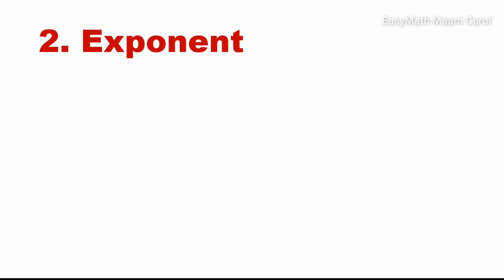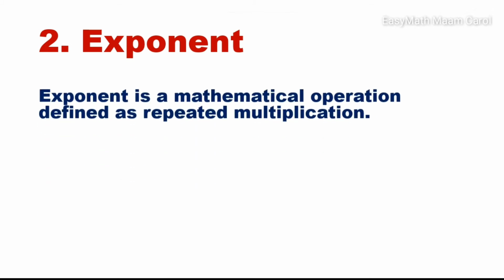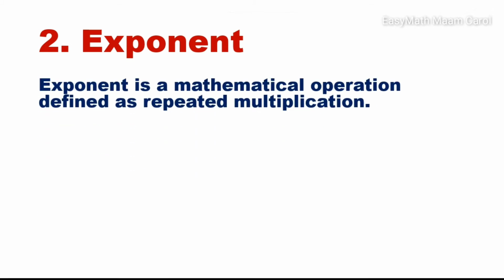Now, yung pangalawang dinagdag natin dun sa rule ay yung exponent. An exponent is a mathematical operation defined as repeated multiplication. So, multiplication din pala siya. Kaya lang, maraming beses siyang inuulit.